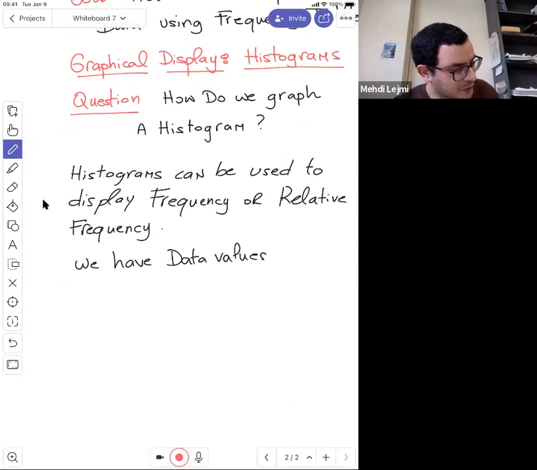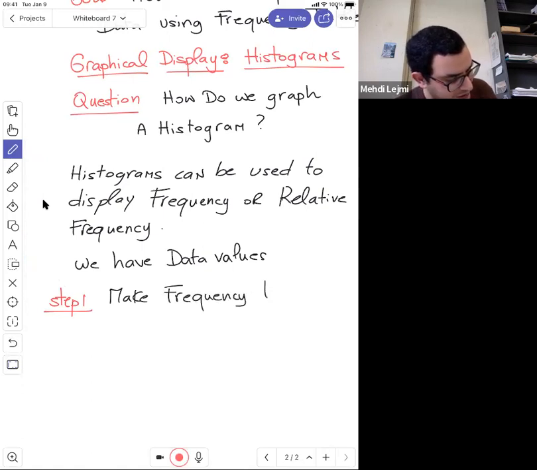First, you need to make your frequency table. That's the first step when you want to graph your histogram. So as a first step, you need to make your frequency table, because we're going to use it to graph the histogram.